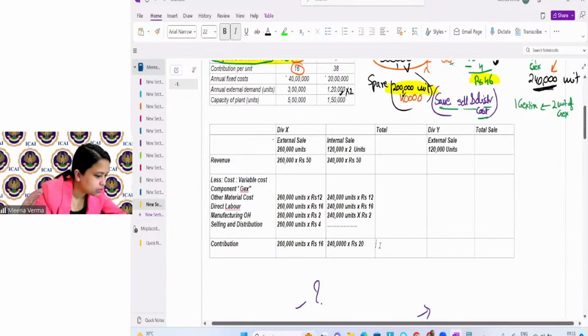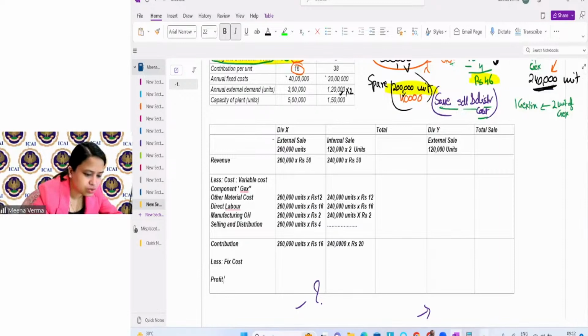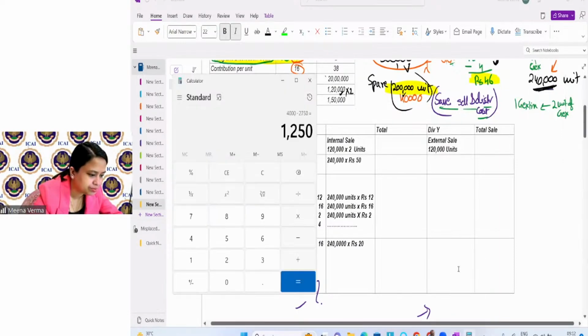You can calculate the total contribution. I am just calculating the total contribution. Then you will reduce the fixed cost, less fixed cost. You will get the profit. Okay. So what is the total contribution here?